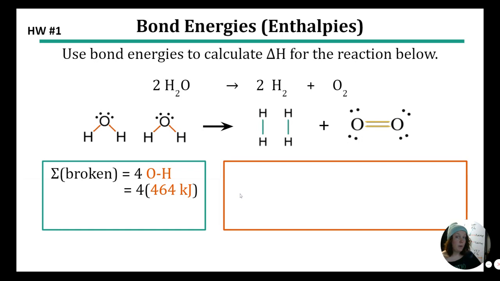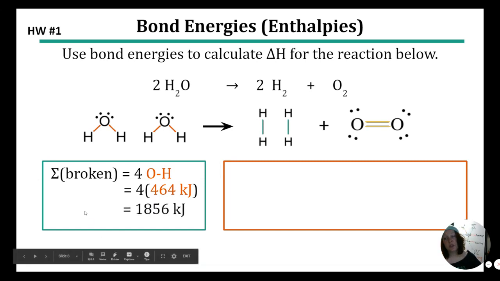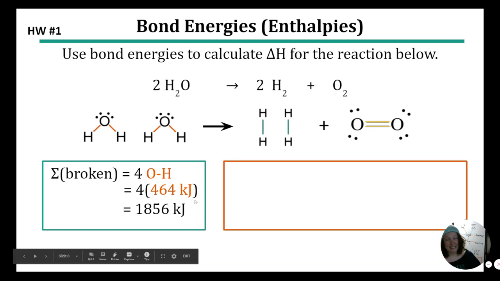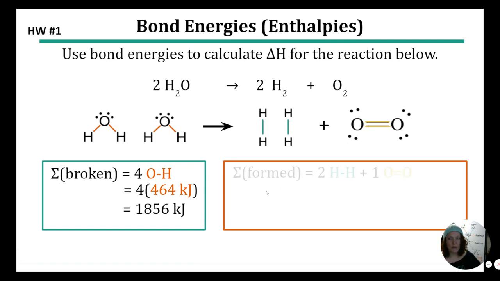So for every mole or every bond, it's 464 kilojoules. We happen to have 4 bonds, so we would multiply that value by 4 to get the total amount of energy that is required to break those bonds, which gives us a total of 1,856 kilojoules.